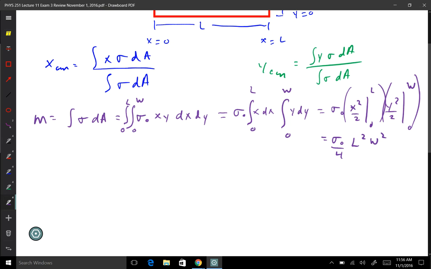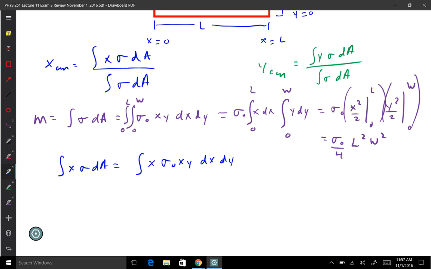Now for the x center of mass, I'm going to have my second integral here. The integral of x sigma dA is equal to the integral of x sigma 0 xy dx dy, which once again is separable. So this isn't difficult.